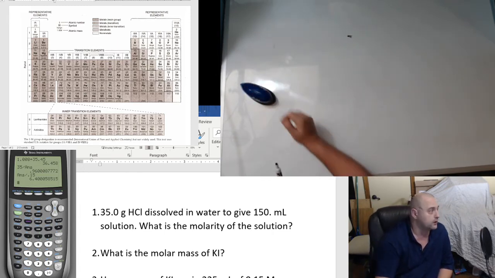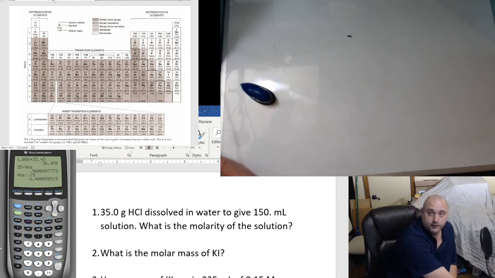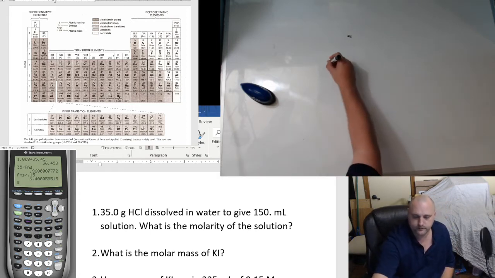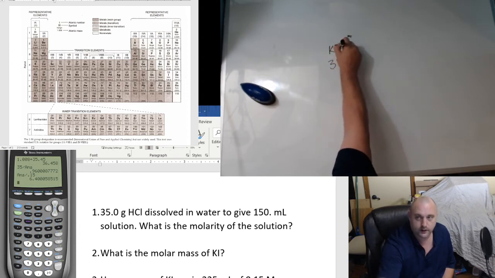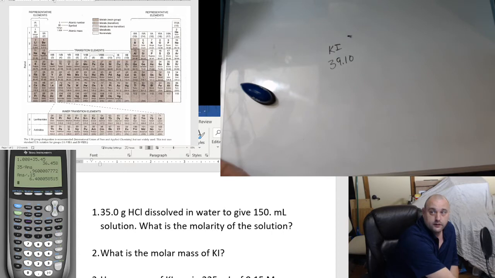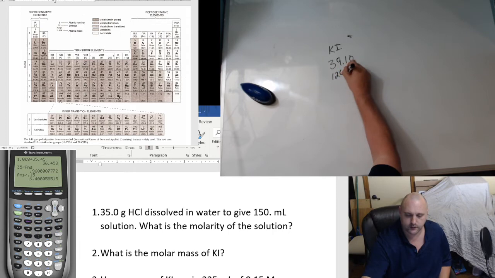Number two, it says, what is the molar mass of KI? So I'm going to come to my periodic table and find K. Here's K. That's 39.10. Iodine weighs 126.9.